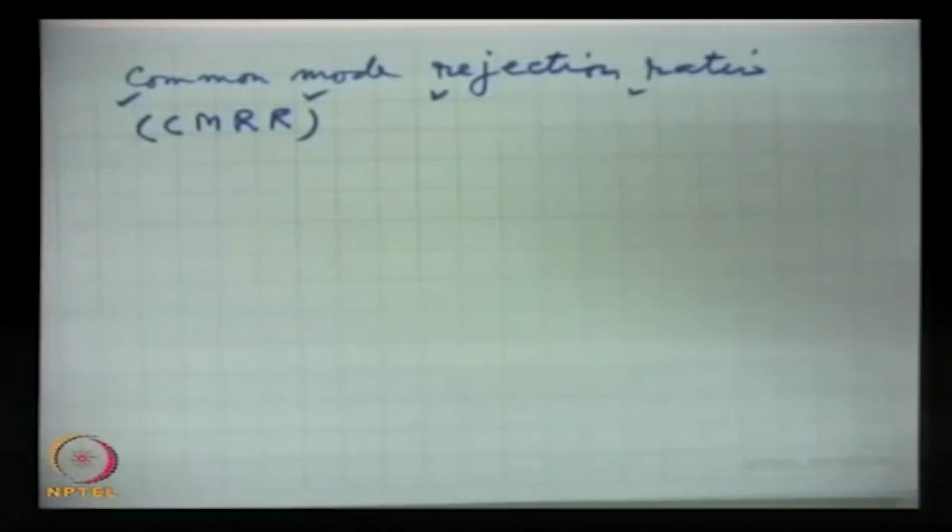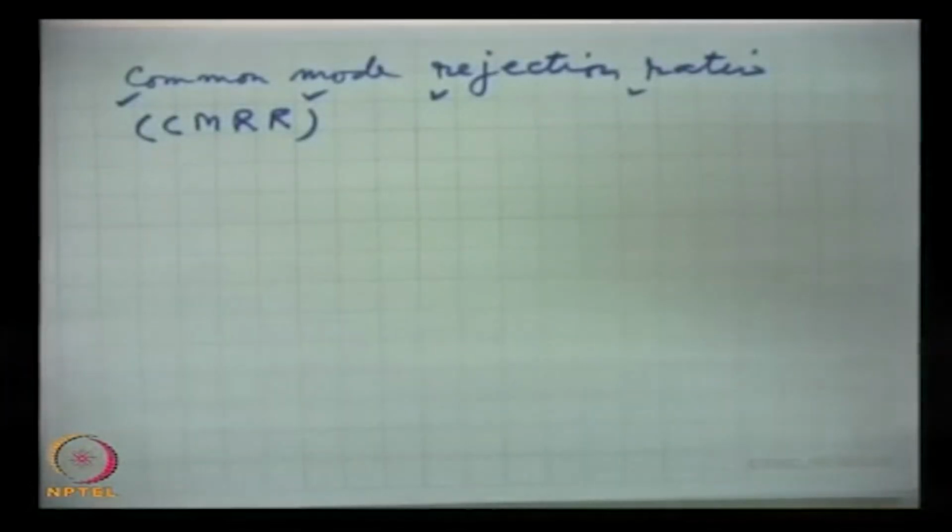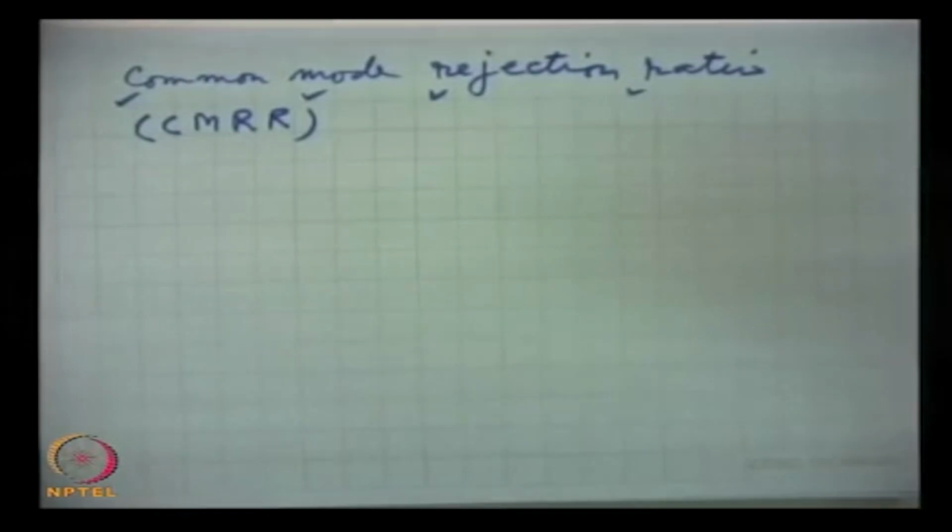So, this property of the differential amplifier, to what degree it eliminates any signal which is common to both inputs, is measured by this ratio, the common mode rejection ratio. I hope I have made the point clear.